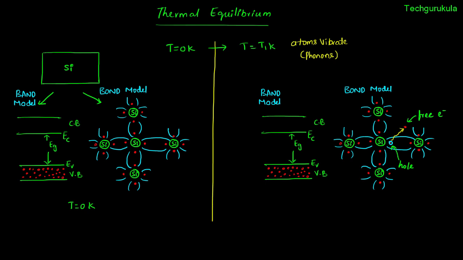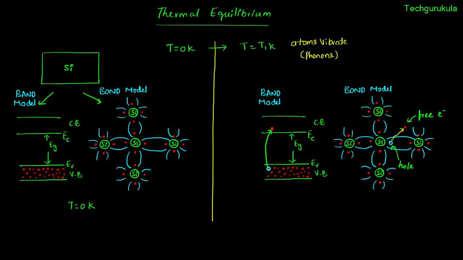Similarly, in the band model, one of the electrons in the valence band will acquire enough energy because of the thermal excitation, the presence of temperature, to go to the conduction band, which means we'll have an electron in the conduction band. Because it came to the conduction band, we'll have an empty state, which is called a hole, in the valence band.